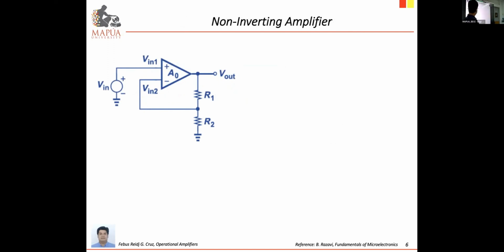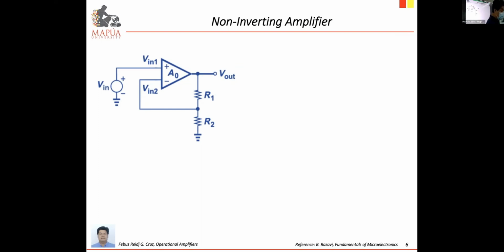Then we have here the non-inverting amplifier. Take note of the configuration. For the non-inverting amplifier, the input voltage must be connected at the positive. And then from output going to the negative, we have the feedback resistor R1. And from the negative input going to ground, we have another resistor, R2.